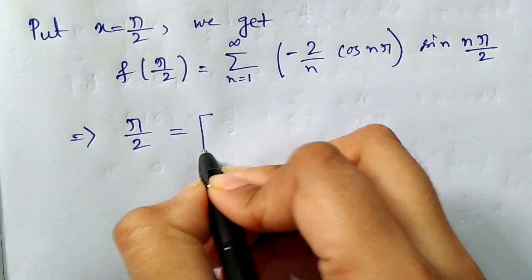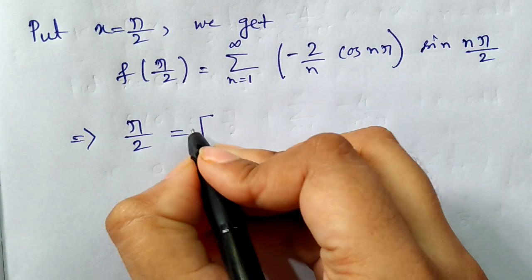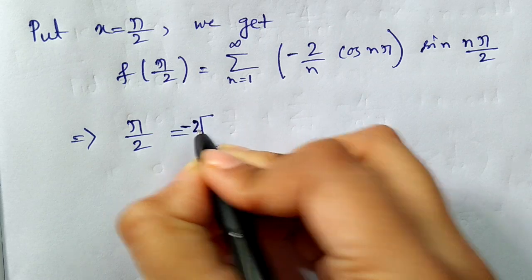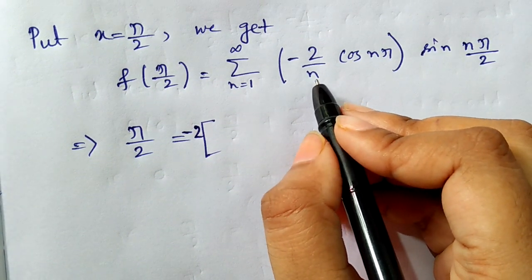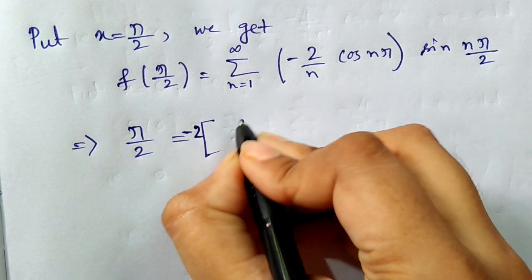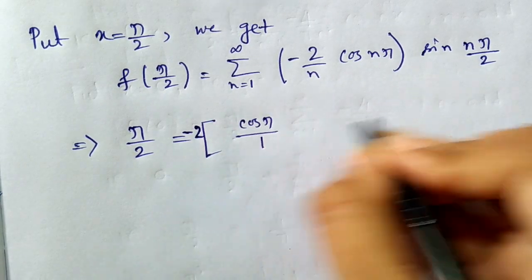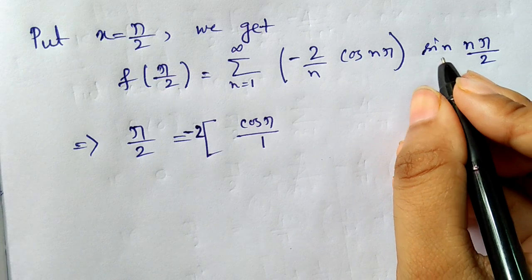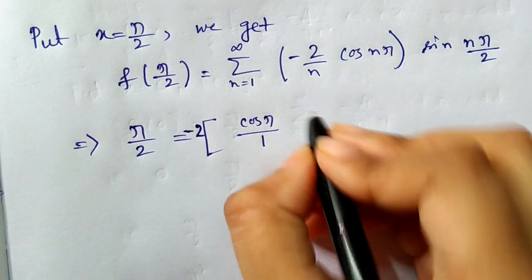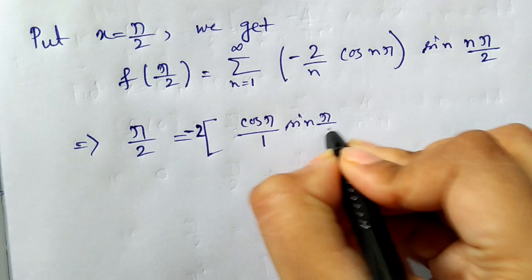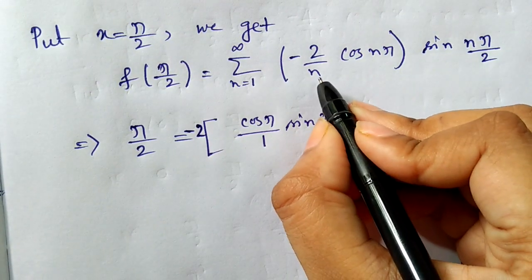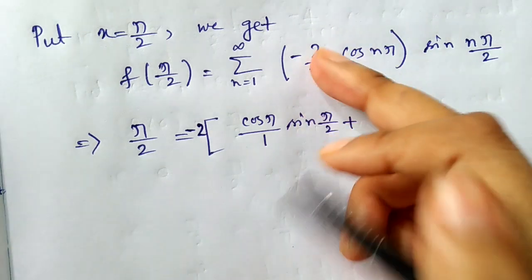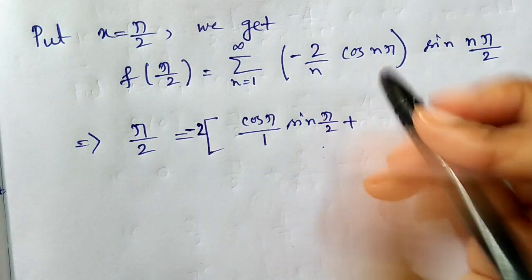Now for n equal to 1, okay, we may take common this minus 2. Then first, for 1, cos pi by 1 with this term sin pi by 2, that is 1. Okay, I am writing sin pi by 2 plus second term for n equal to 2, minus 2 writing outside.